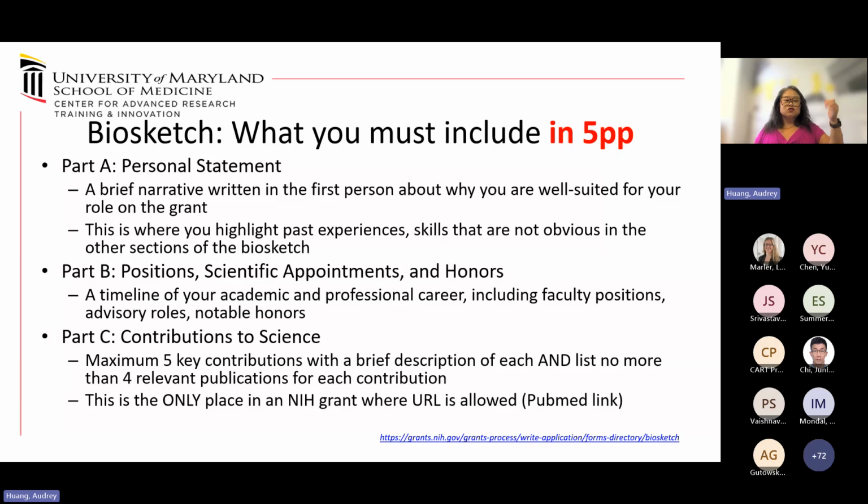So make sure as you're starting out, you will write or edit or revise a new BioSketch for every grant you apply for.